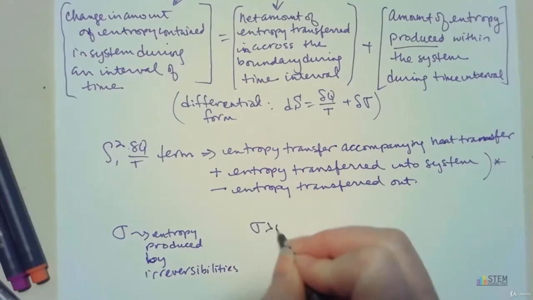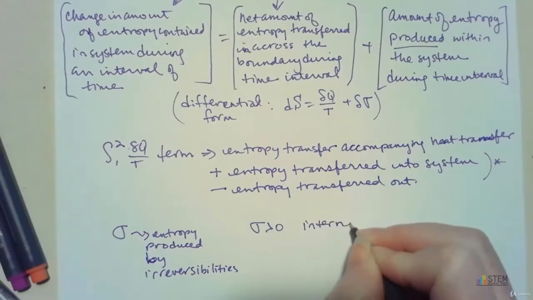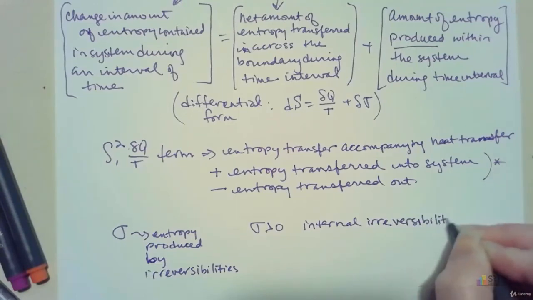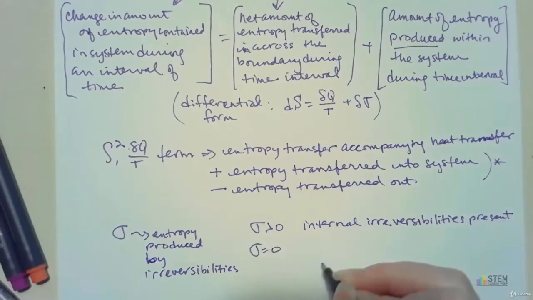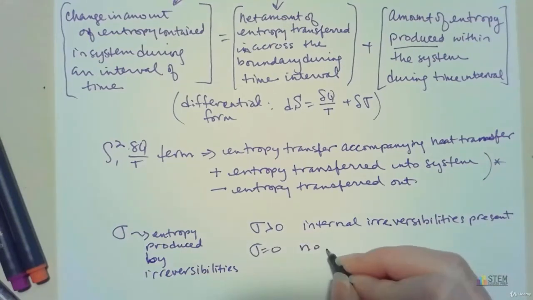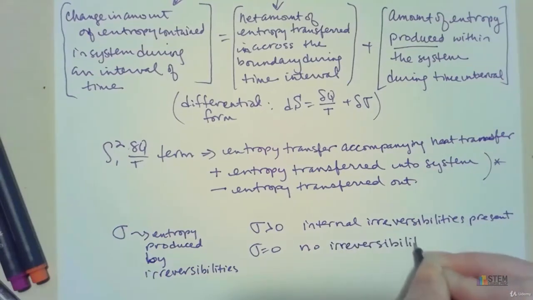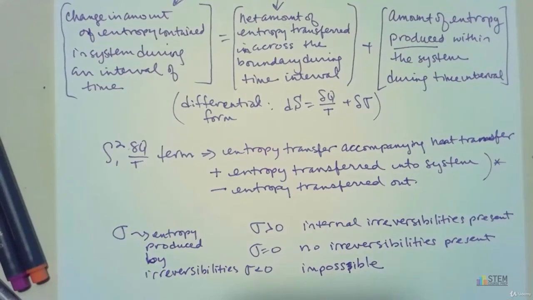Now remember, if sigma is greater than 0, that means we have internal irreversibilities present. If sigma is equal to 0, there are no irreversibilities present. And finally, if it's less than 0, that means you've just got an impossible scenario. Impossible scenario, can't happen.